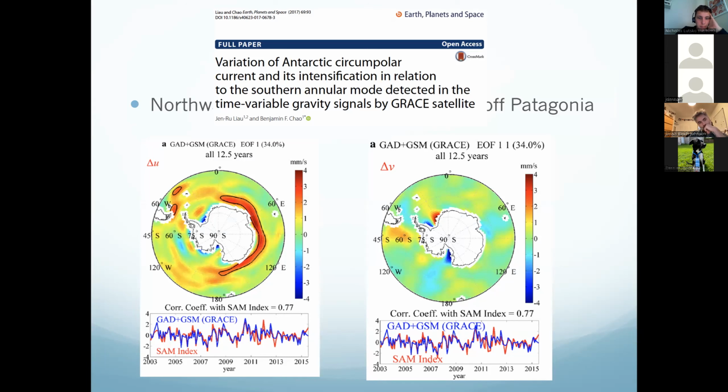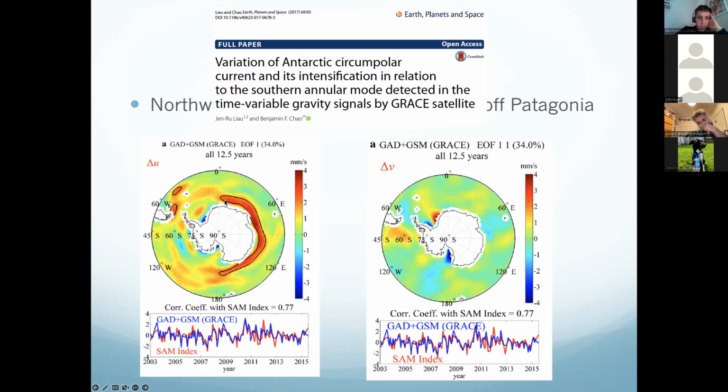On the bottom left here, they're plotting the principal component of that gravity EOF against the Southern Annular Mode Index. And you can see there's a nice, reasonably good correlation between the two.